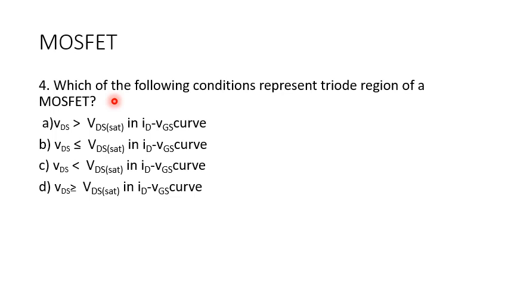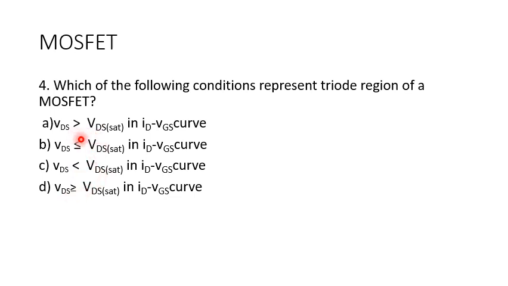Now in the cutoff region, your VGS is very much less and it is equal to 0. Now for your VDS, they have given four options here: VDS greater than VDS saturation in your ID-VGS curve, and VDS less than VDS saturation.